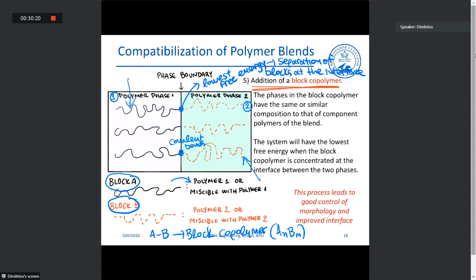This concept, as I told you, is used widely in incompatible blend systems and usually leads to good control of the morphology combined with an improvement in interfacial adhesion, an improved interface, and hence good mechanical properties.